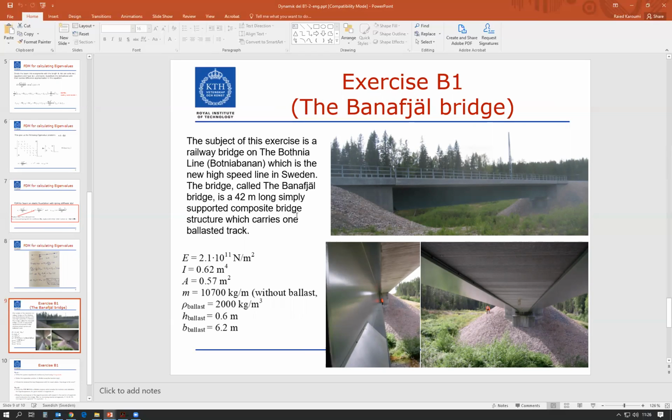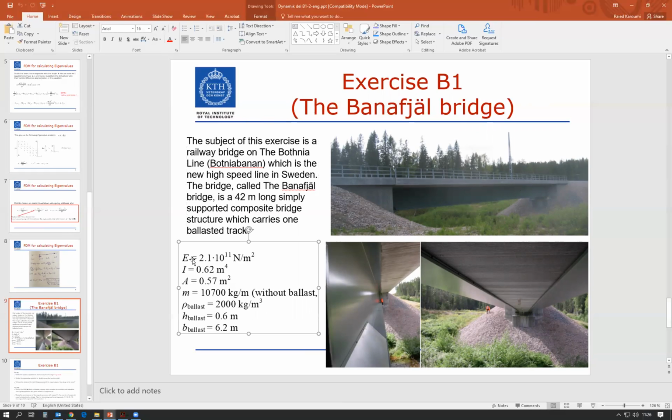It's on a straight line. There is no twisting, no curvature. And it consists of two steel beams, in composite action, working with a concrete deck, and it's ballasted. Okay, the length of the span is 42 meters.